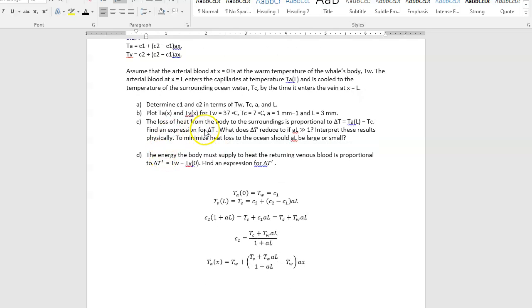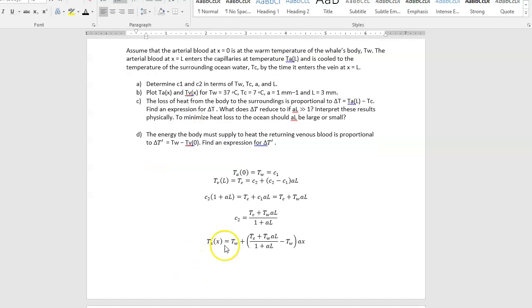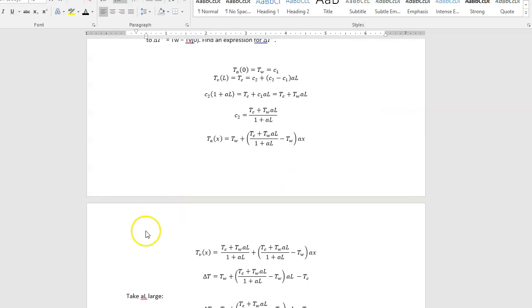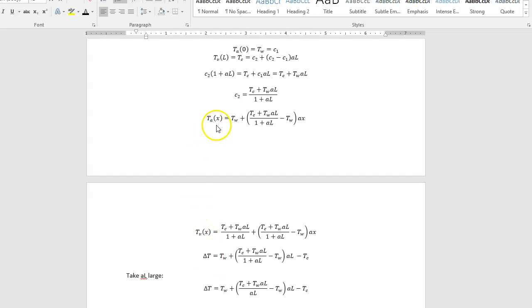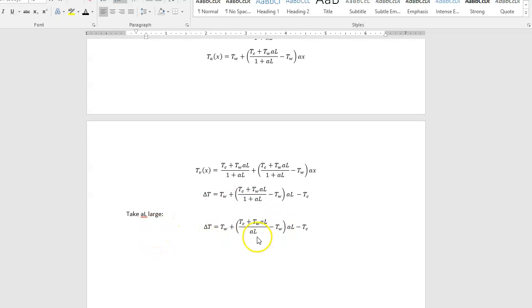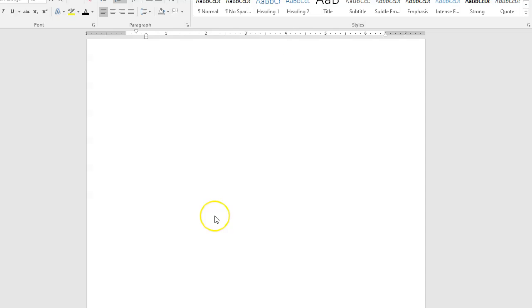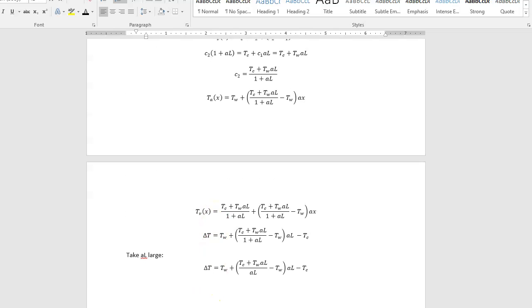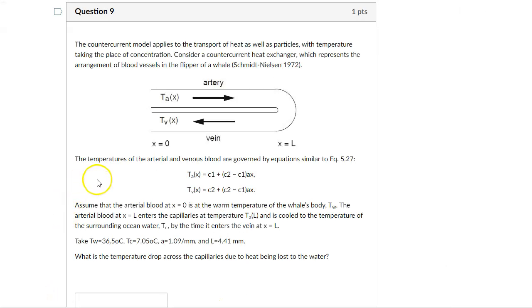So find an expression for delta T. TA with C1 and C2 stuck in looks like this. Delta T is just TA at L, so I stick in L for X, and you get this, minus TC. They want A L large, you can work through that, but what was the question? I've lost myself in playing around with this.